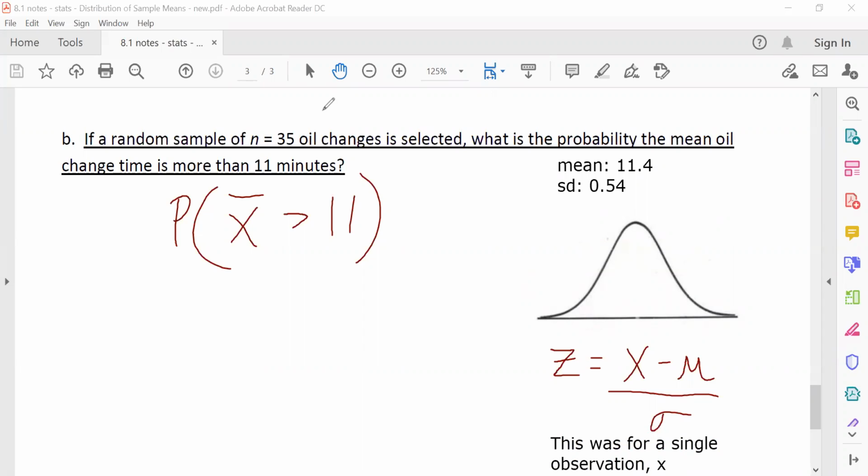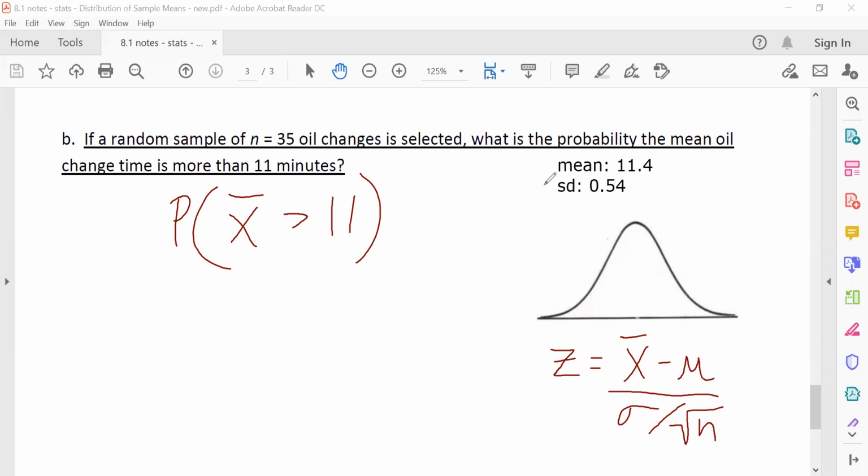So now the actual z-score formula we need to use, we need to modify it. We're going to call it X bar instead of just X. And then this sigma down here really is sigma over the square root of n, because that is the standard deviation for a mean of 35 observations.